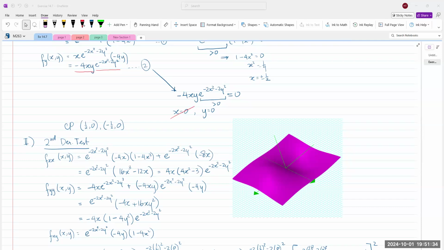So our 1/2 comma 0 is where you get the maximum, and -1/2 comma 0 is where you get the minimum. Okay, so do we have another way to graph that? Let me see. I'm trying. Let's see.